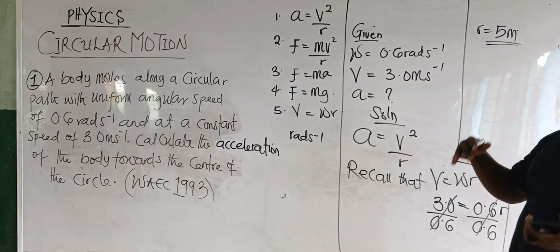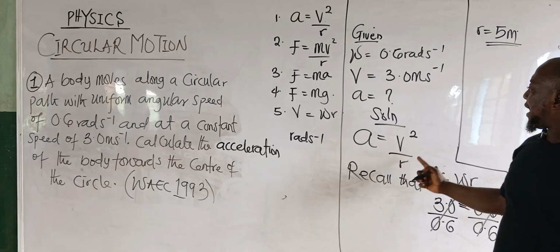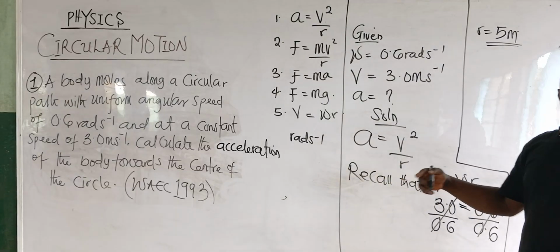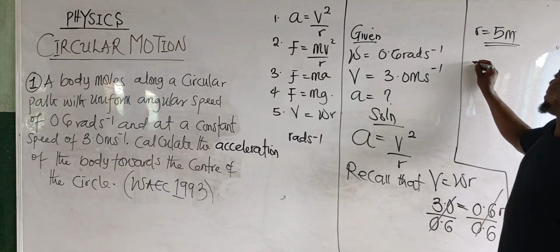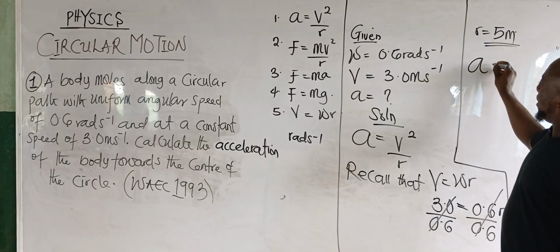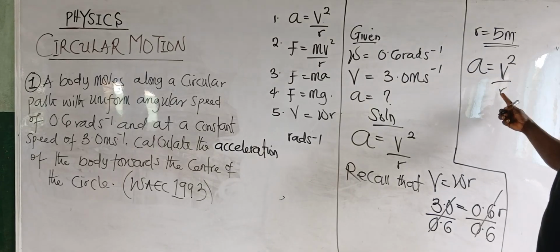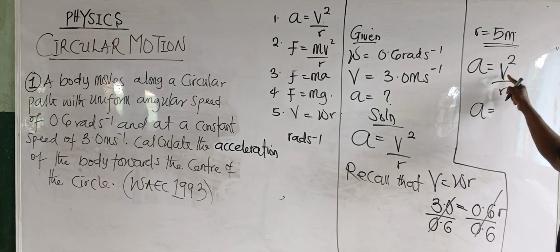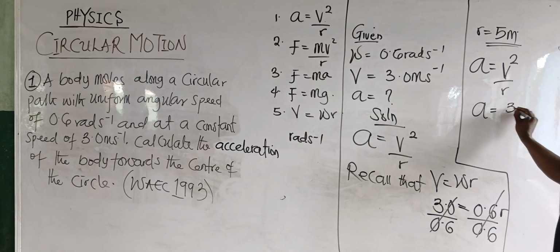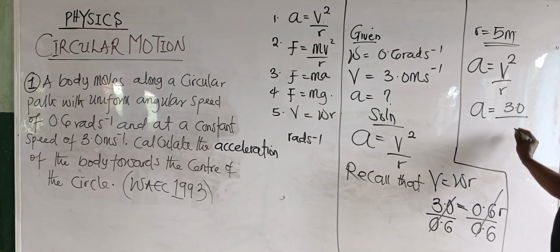Now, knowing that we have gotten my R, we can come back to using this formula here, where we say A equals V squared over R. So to find my A, what is my V there? My V is 3 and my R here is 5.